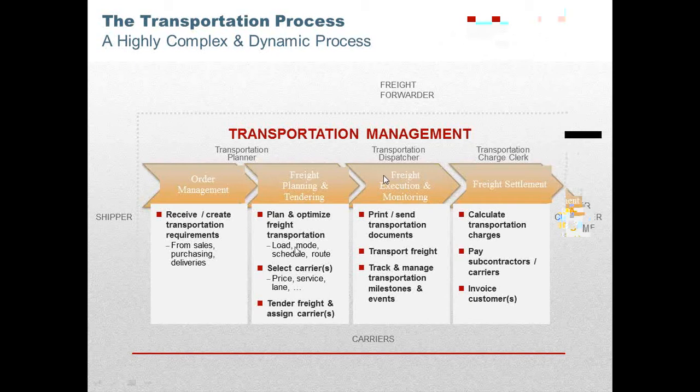So basically here, whenever in TM we talk about freight, it is the basic unit of transportation. It is something which would move from your source to destination as it is, unbroken.